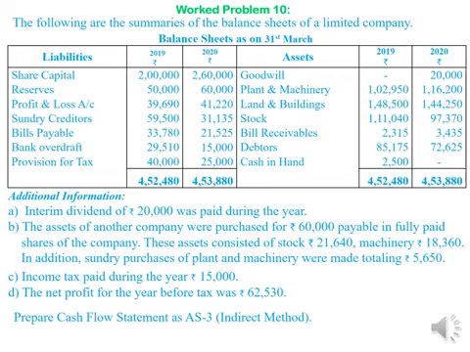Share capital rupees 2 lakh and 2,60,000. It cannot be treated as inflow of cash, because point additional information B says the assets of another company were purchased for rupees 60,000 payable in fully paid shares of the company. That is, rupees 60,000 worth of shares were issued to another company to purchase some assets of that company.